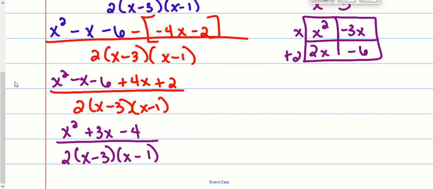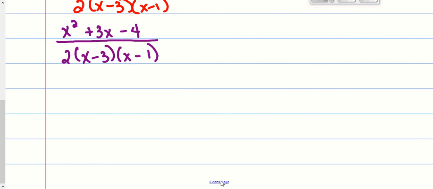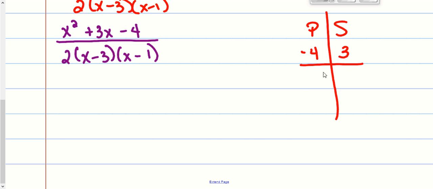So to see if this is going to simplify at all, let's go ahead and factor the top. I know there's a lot going on here, but if we factor the top, we're trying to multiply to get negative 4 and add to get positive 3. So if I get 4 times negative 1, that's negative 4. 4 minus 1 is 3, so that will factor.